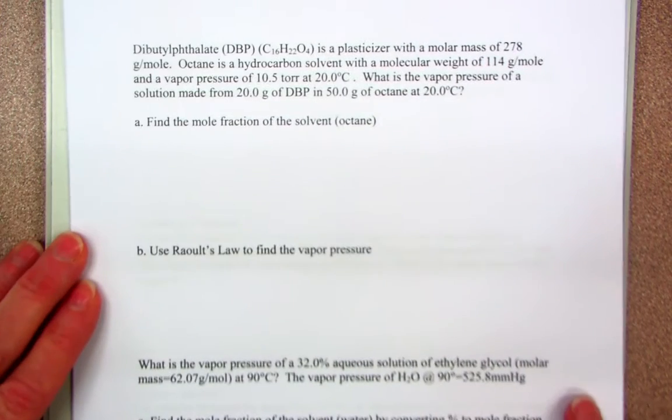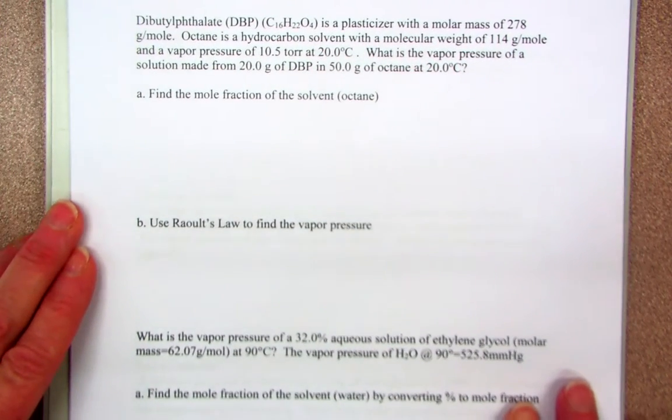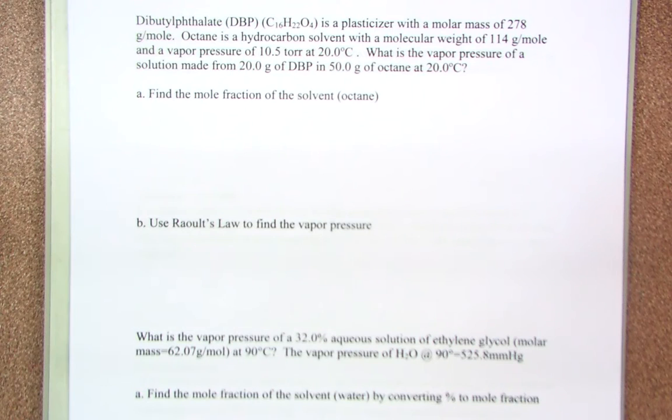Now, the biggest problem that my students have with these is that when they start reading these, they get all freaked out because there are chemical names in there of organic compounds that we are not familiar with from Chem 111 or Intro. That's okay. Just read the problem. If it says something like dibutyl phthalate, comma, a non-volatile solute, comma, then you know that's the non-volatile thing and it doesn't matter, right?